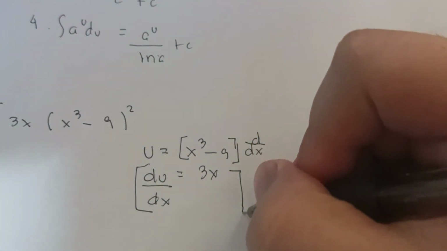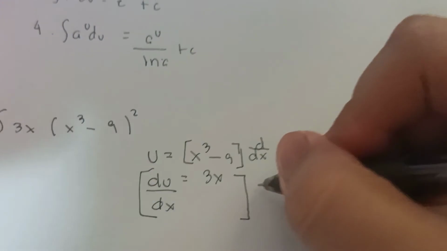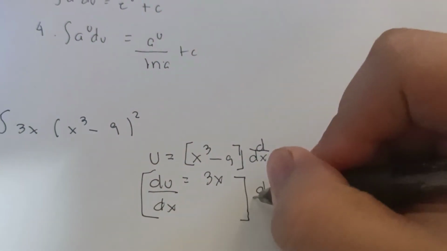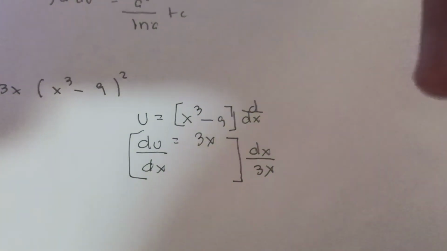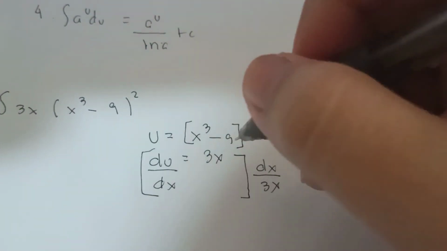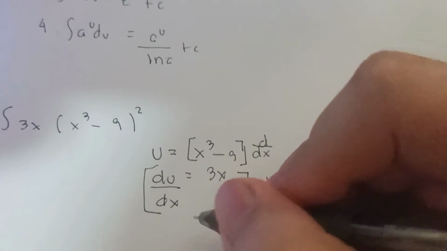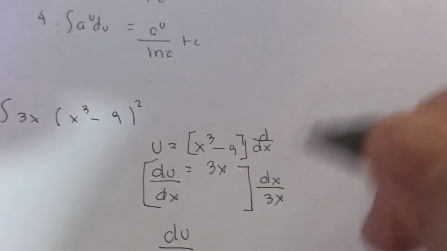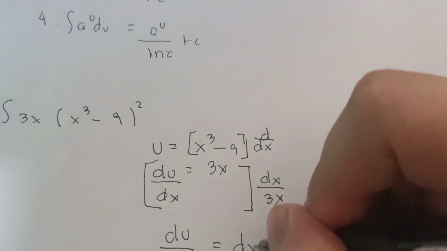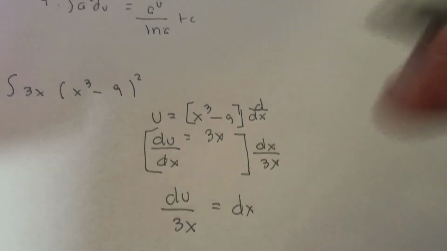So we're gonna multiply this equation by dx over 3x, and after that, what we'll get here is the du over 3x equals dx instead of 3x here.